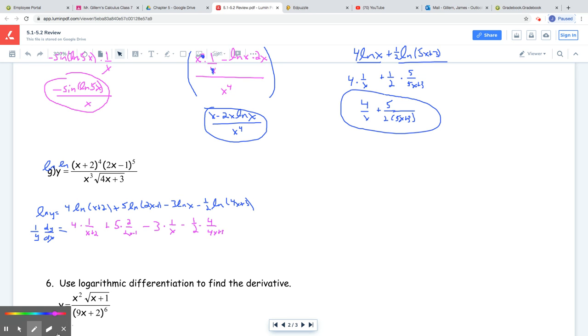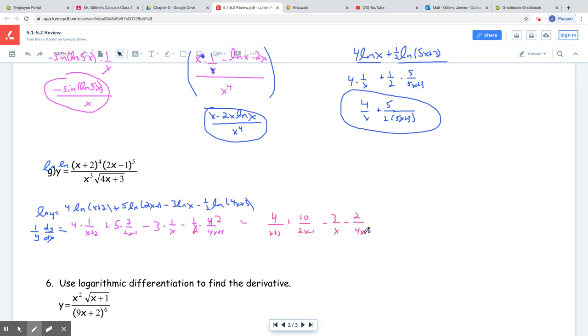All right, so just to simplify all that, that's going to be 4 over x plus 2, plus, not 5, it's going to be 10, because 5 times 2 is 10. 10 over 2x minus 1, minus 3 over x, minus this 2 is going to cancel that 4, make that a 2. 2 over 4x plus 3.